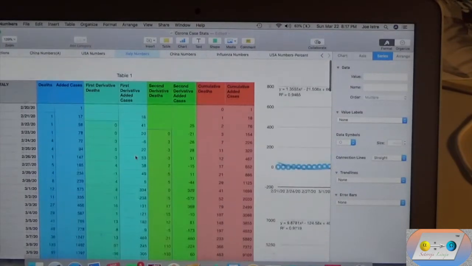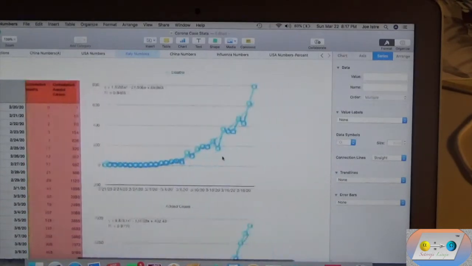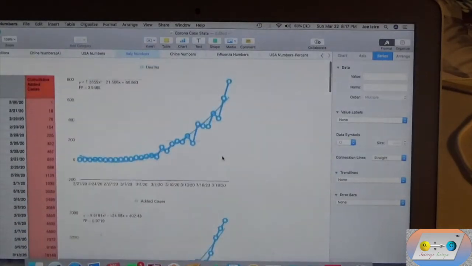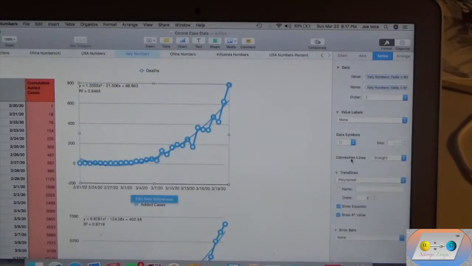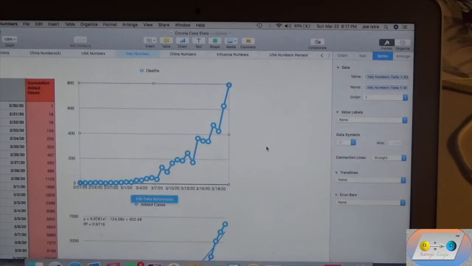So essentially I did the same kind of graph. Here's your core data, first derivative, second derivative, here's your integrals. So let's take a look at the graphs for those of you non-mathematical guys. Let me get rid of the trend line so I don't confuse too many people. What you're going to notice here is it's a purely exponential at this point, and we have a little bit of a slowdown of the rate of change here.